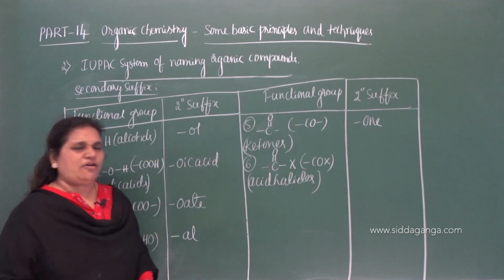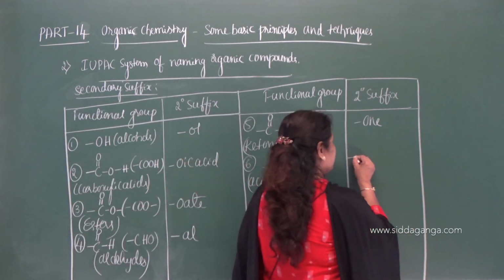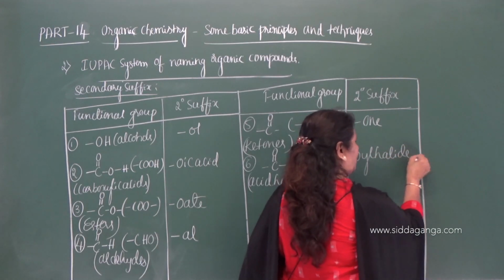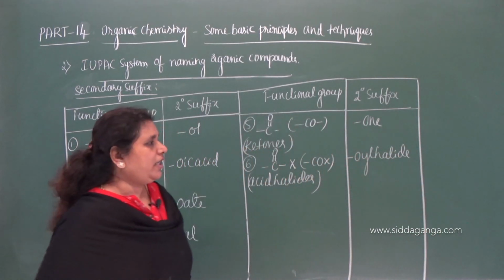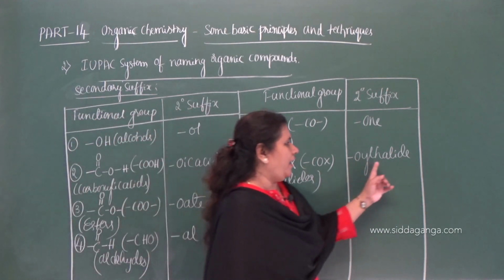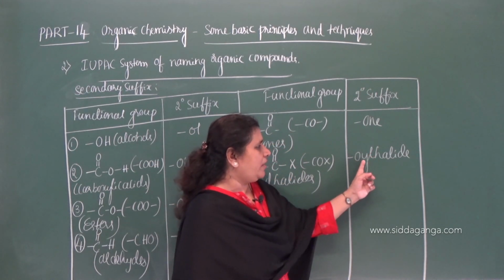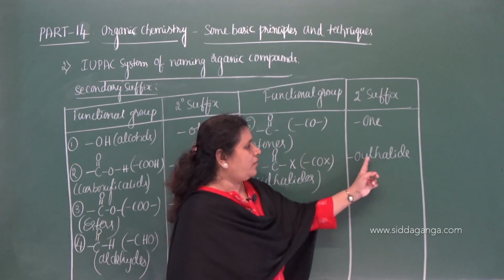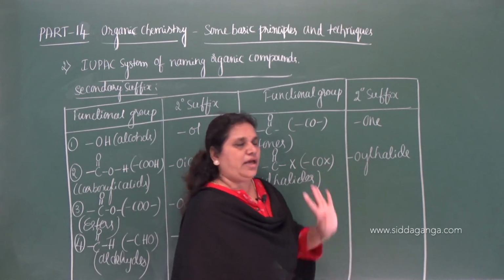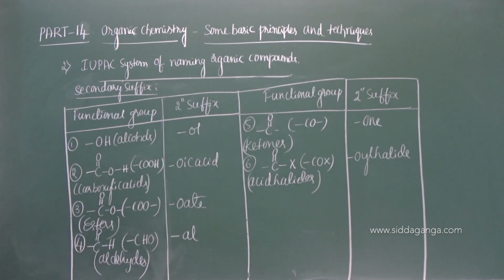So, derivatives of acids, acid halides. And what is the secondary suffix here? Oyl halide. So oyl halide is the secondary suffix. While writing oyl halide, you should not leave any space between oyl and the halide. So you have to write it continuously without giving a space. So oyl halide is the secondary suffix, for example if it is acid chloride.